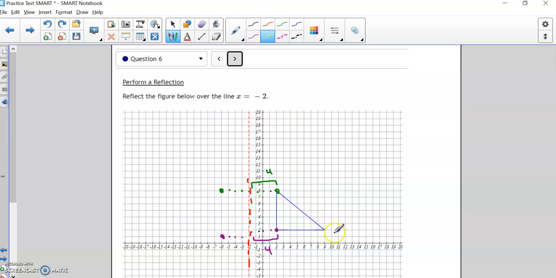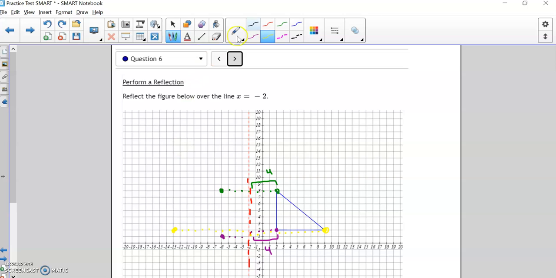All right, last one. You got 1, 2, 3, 4, 5, 6, 7, 8, 9, 10, 11. So we got to go the other way. 1, 2, 3, 4, 5, 6, 7, 8, 9, 10, 11.